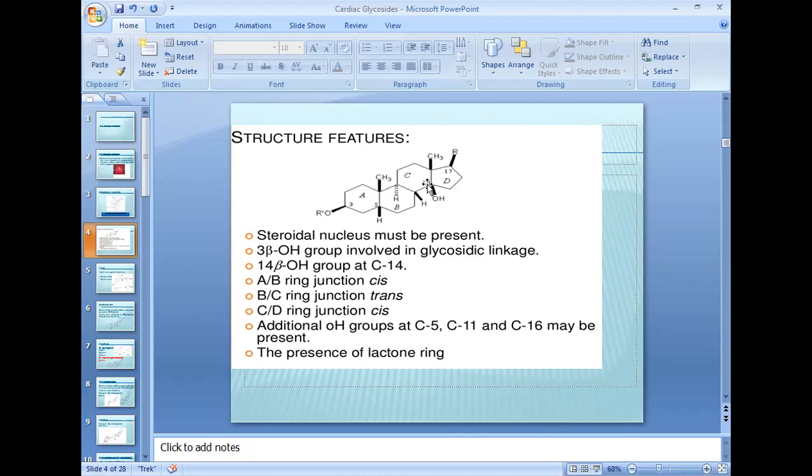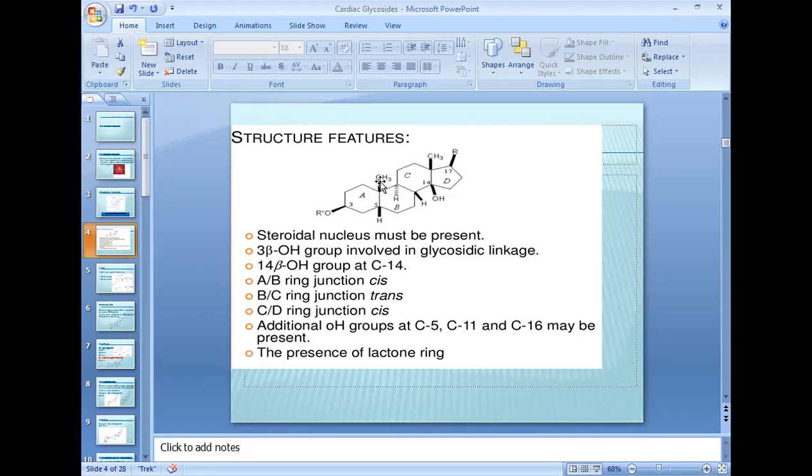As far as ring fusion is concerned, rings A and B are fused by cis fusion, while B and C rings are fused by trans fusion. Cis and trans fusion we have already discussed in our last lecture, where I told you that in trans fusion, both the atoms or groups of atoms attached at the junction of two rings are on axial position, so one is above the plane of paper and one is below.